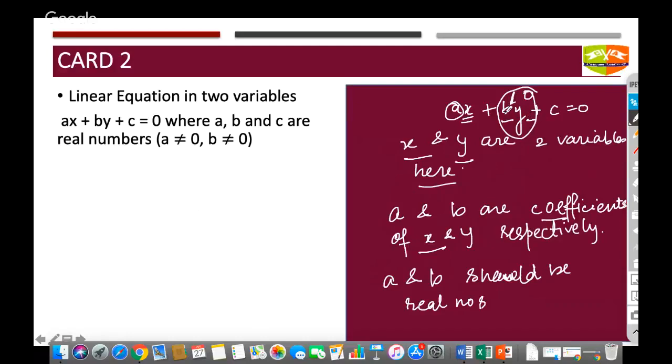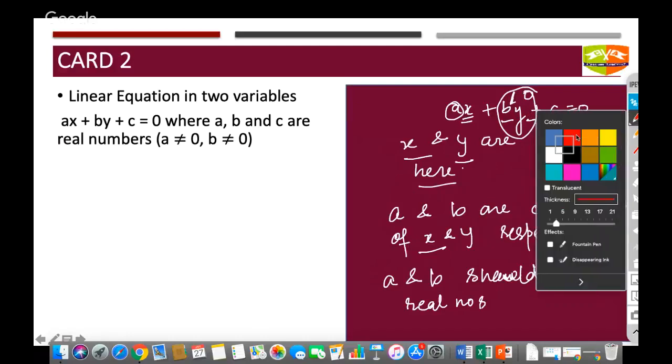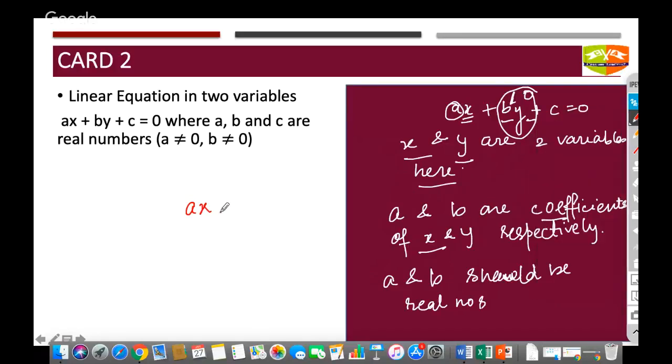If you look at the equation ax plus by plus c is equal to 0, and if you put b is equal to 0, this equation turns out to be ax plus c is equal to 0. So the meaning of two variables does not hold true when one of the coefficients of x and y becomes 0.